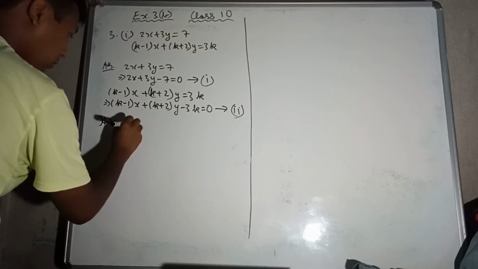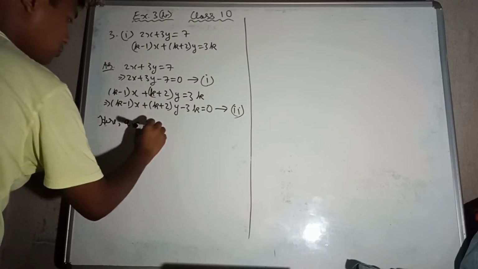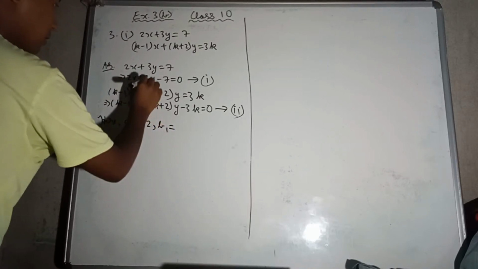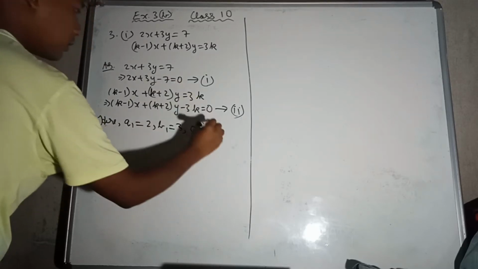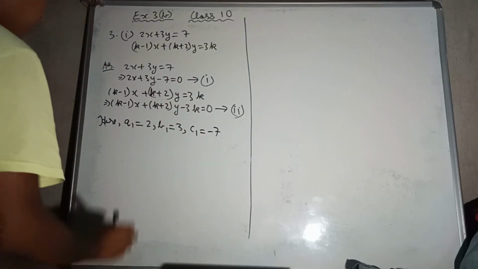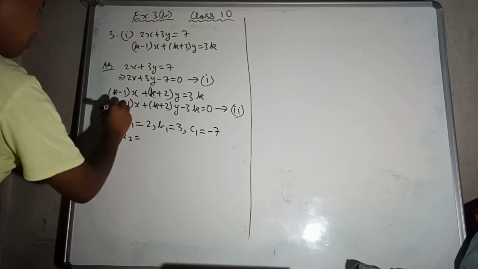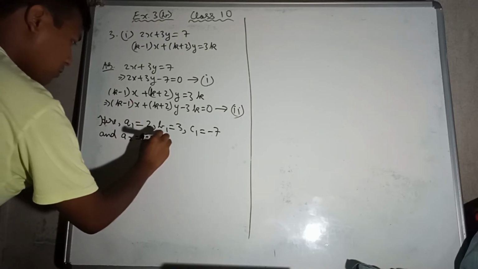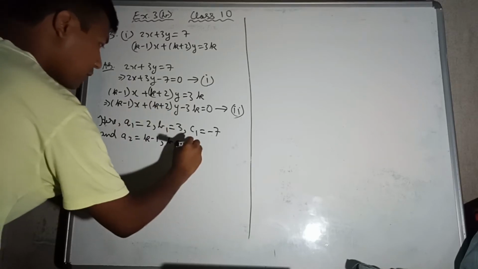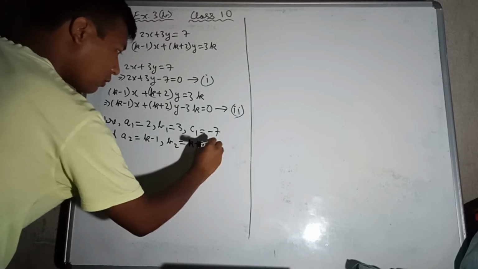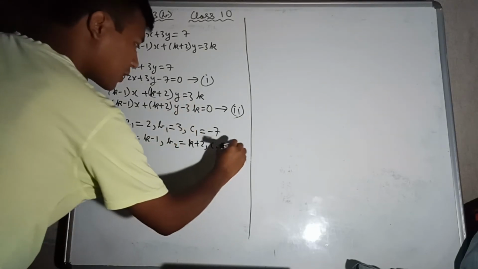Here a1 equal to 2, b1 equal to 3, c1 equal to minus 7, and a2 equal to k minus 1, b2 equal to k plus 2, c2 equal to minus 3k.